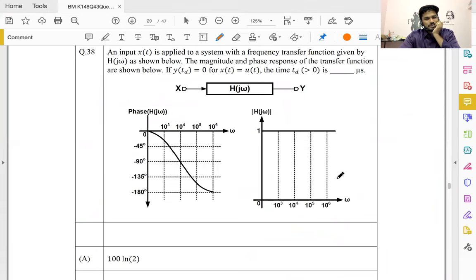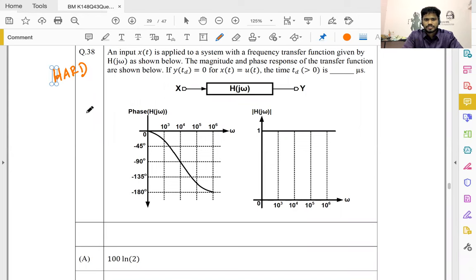Anyone managed to solve this question right now? Not during the exam, right now. It is hard because it involves an inverse problem. From the Bode plot, you have to guess the form of the transfer function and then do calculations.